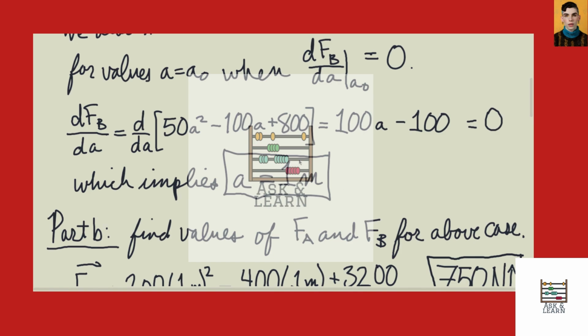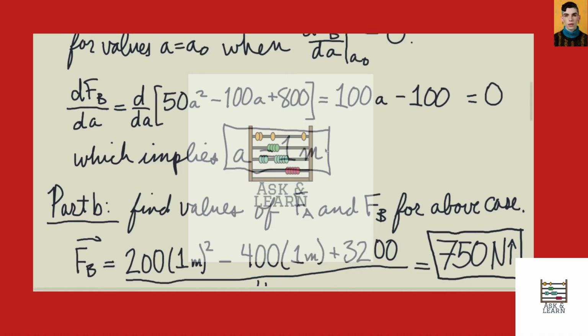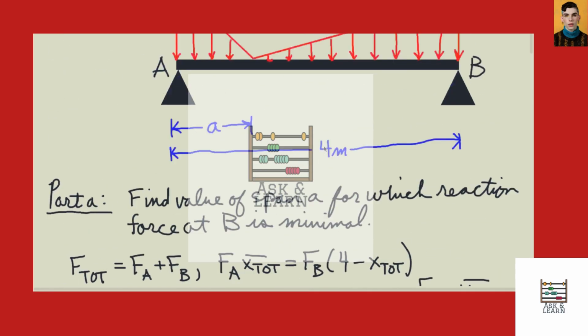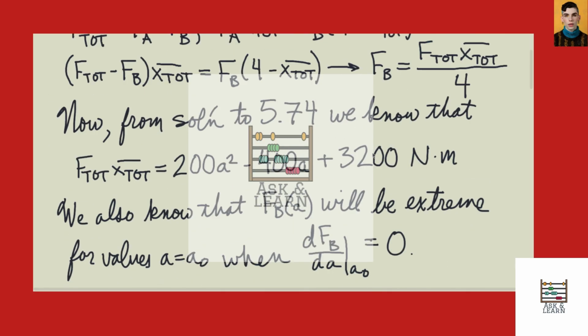Solving for A in this case gives us a value for A of 1 meter. And again, that's the span for which the reaction force at support B is minimal.